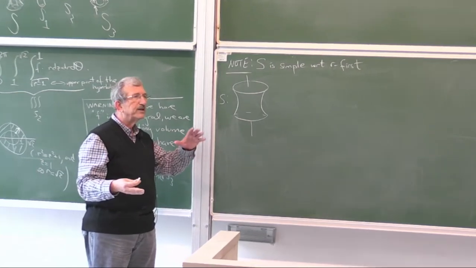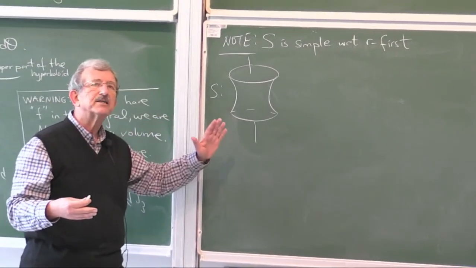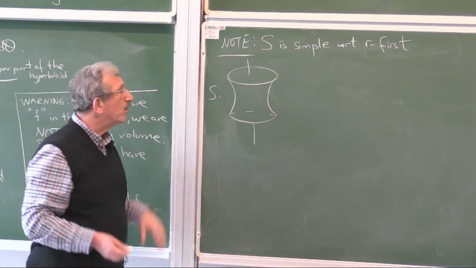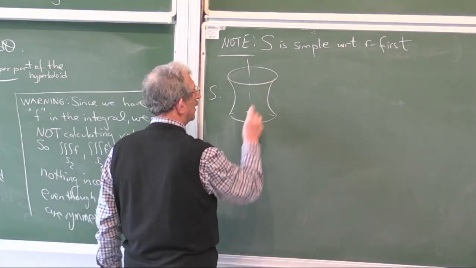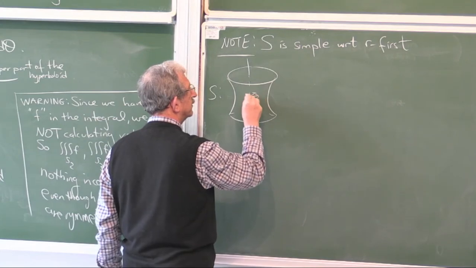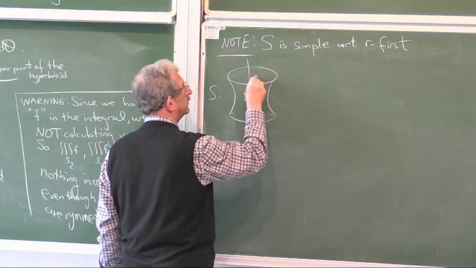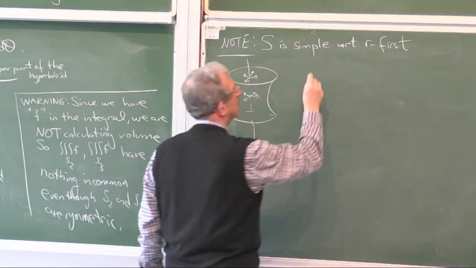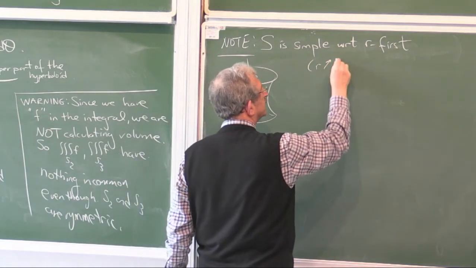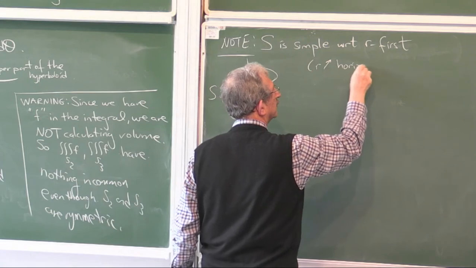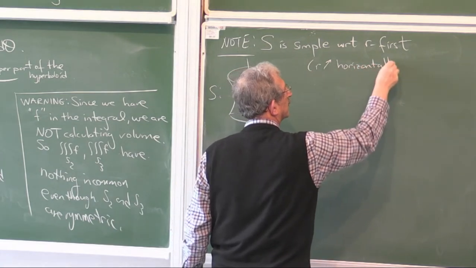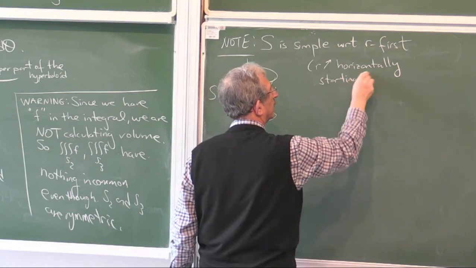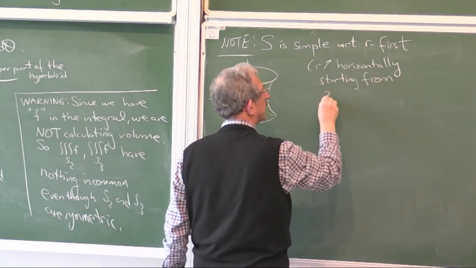Well, R is the distance from the Z-axis, horizontally. So R increases horizontally, starting from the Z-axis.